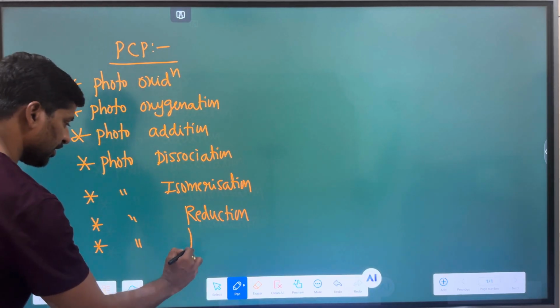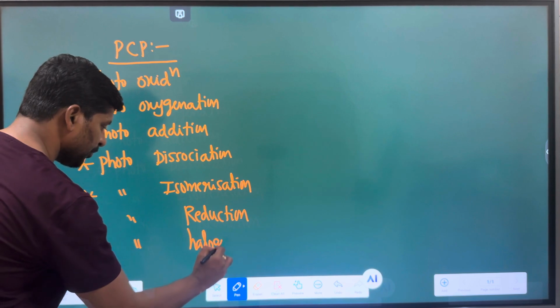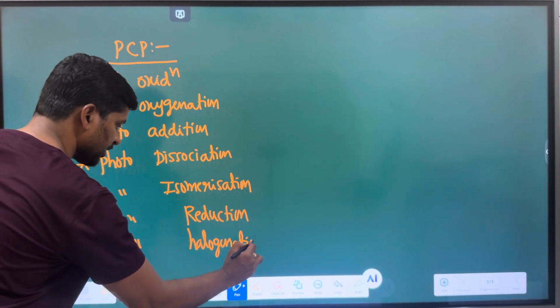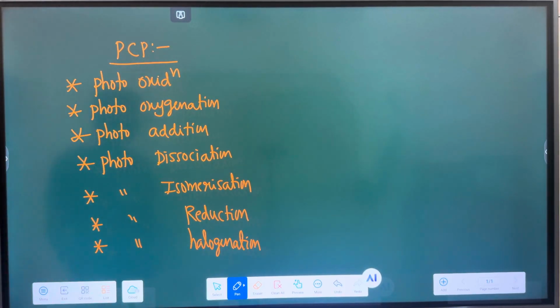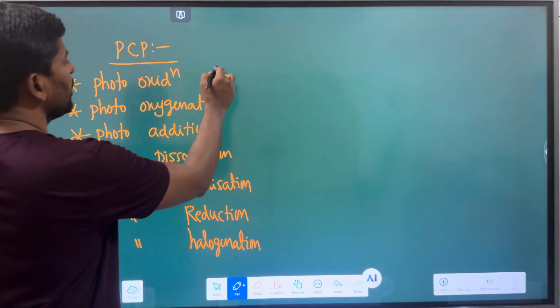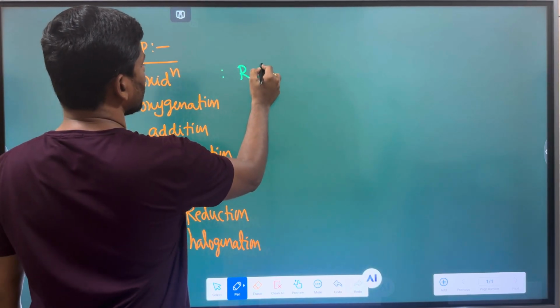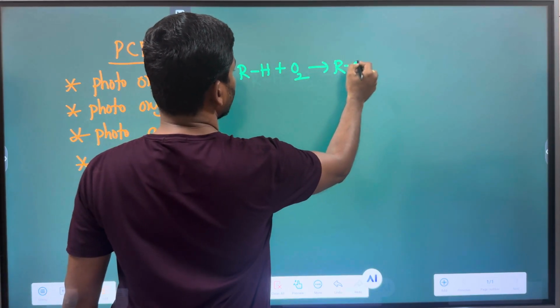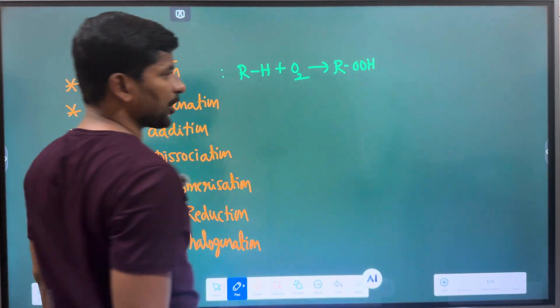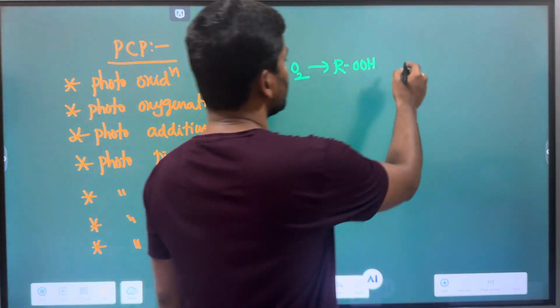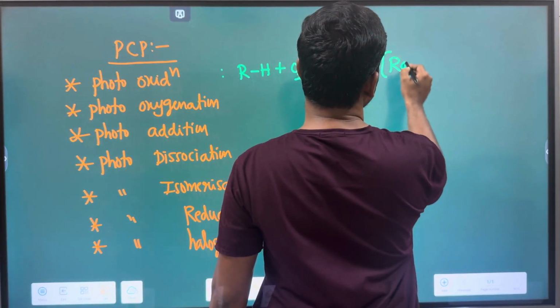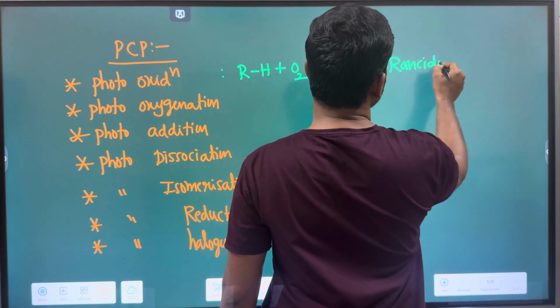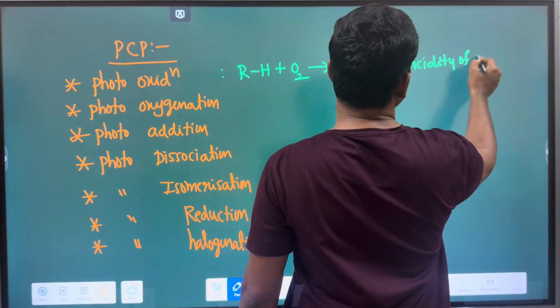Last time this question was given in PCB, a direct question on photo halogenation. Like this, we have various photochemical processes. For example, photo oxidation: RH plus O2 gives peroxides, ROOH. This is observed in rancidity of oils.